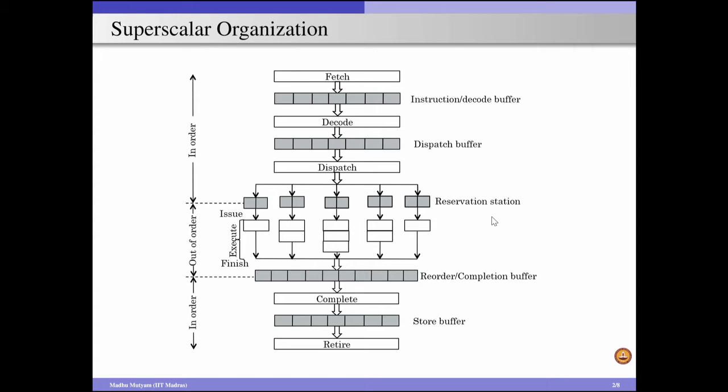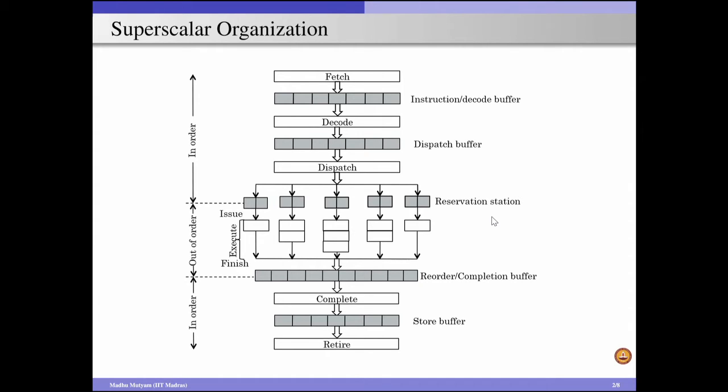As long as independent instructions are there and the functional unit is available, we can schedule these independent instructions in an out-of-order fashion and execute them on the functional units so that the execution of different instructions can be overlapped. In other words, we can exploit the parallelization of independent instruction execution using these various execution units, and that will improve the overall performance.